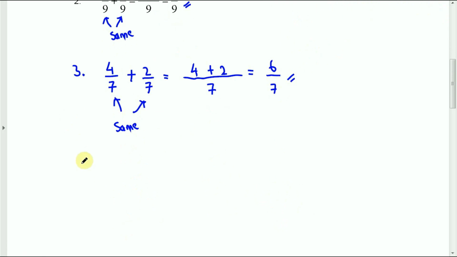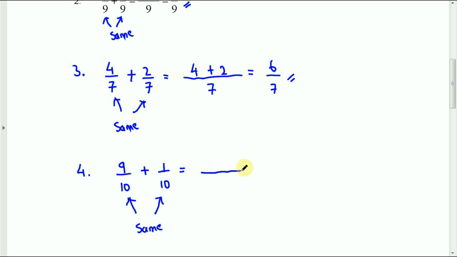I've got some space for another example, number 4. So with number 4, for example, say 9 over 10 plus 1 over 10. So first check the denominators. The denominators are the same. I've got a denominator of 10 for both of them. So we can add.